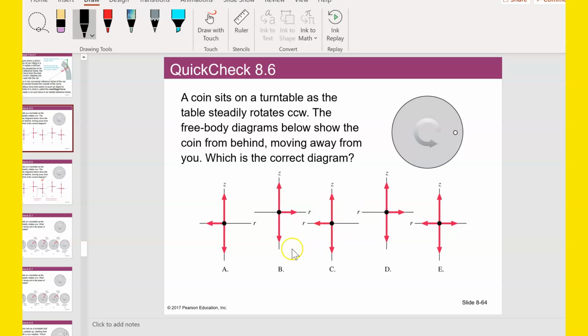There's one big difference. It took me a second to see it, but in C the symbol for the R-axis is here, whereas in A the symbol for the R-axis is here. This means it's the positive R-axis, and the positive R-axis should be toward the center of the circle. So C is the correct one, A is not.